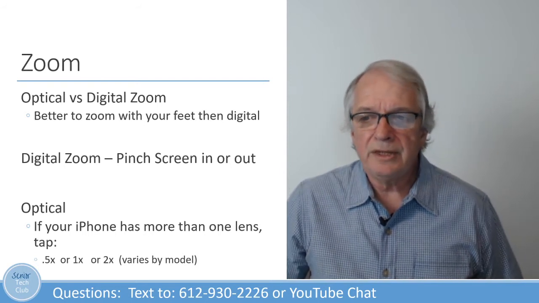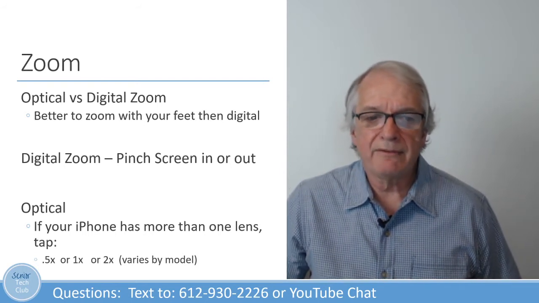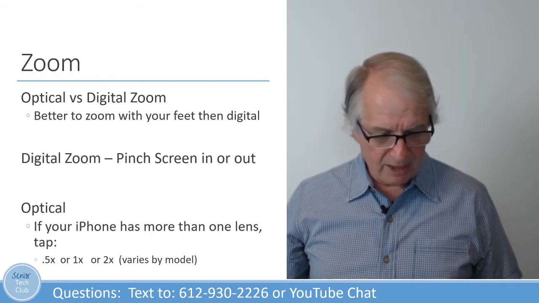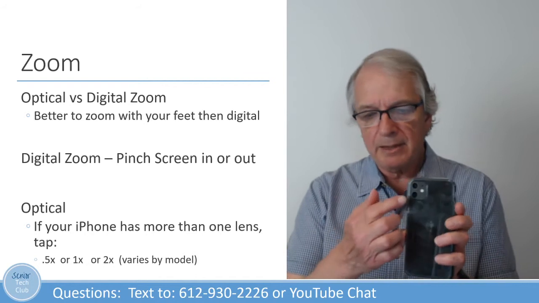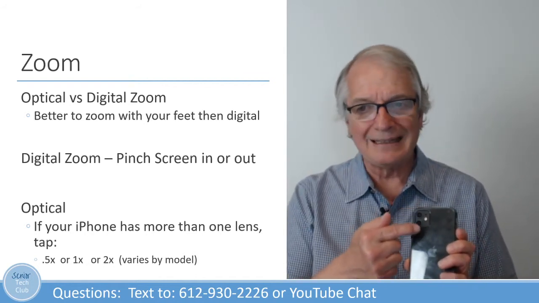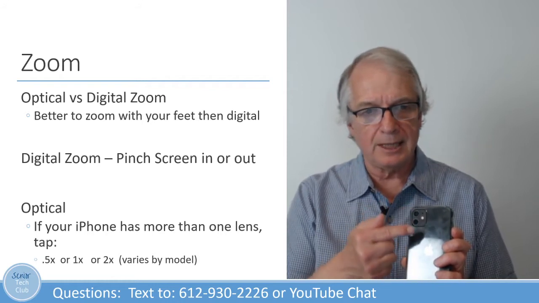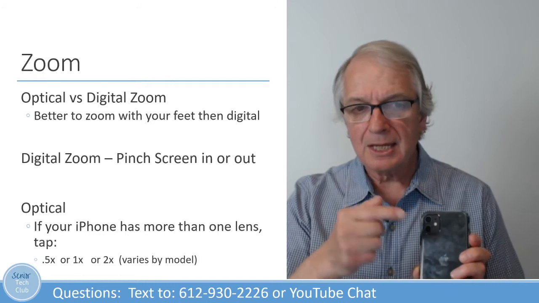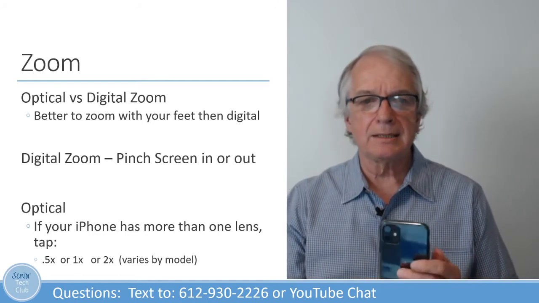Many of the later iPhones have an optical zoom, and you can tell if you have optical zoom because on the back of your phone you would see 2 different camera lenses. If you have multiple lenses, that means your phone has an optical zoom.